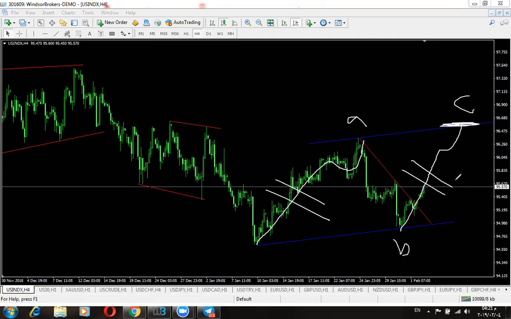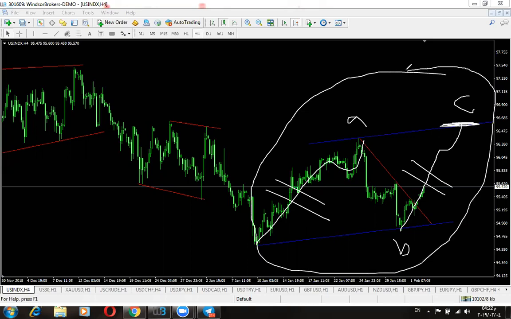So for this week, we are buying the dollar index, buying everything against the dollar, so that this whole corrective structure for the dollar index is complete before the big move. So we are expecting a huge move to the downside after completing this structure.